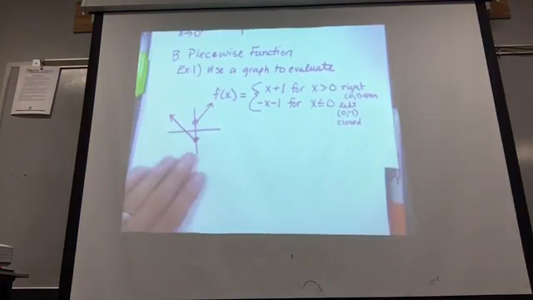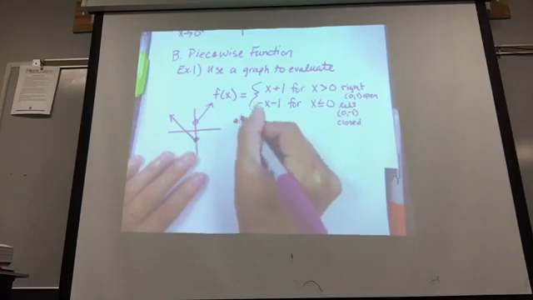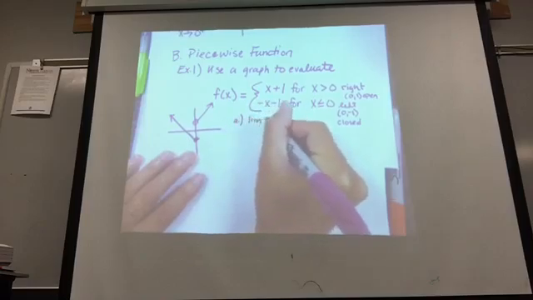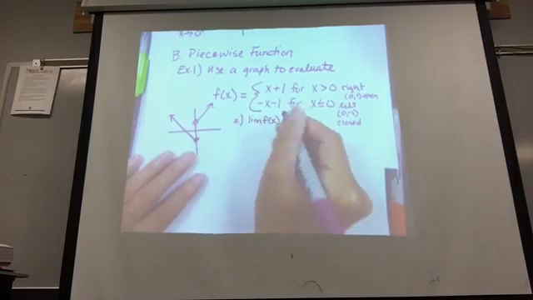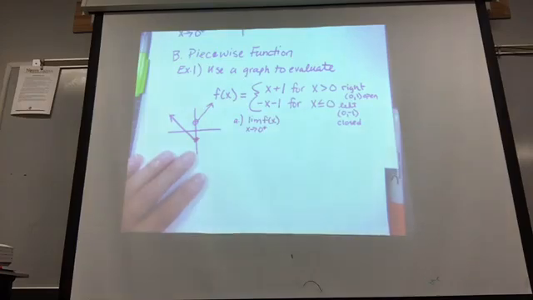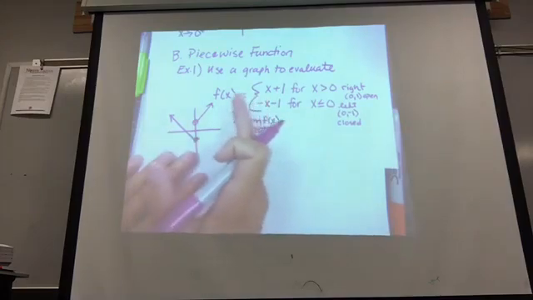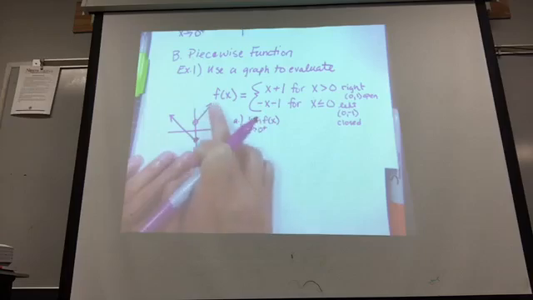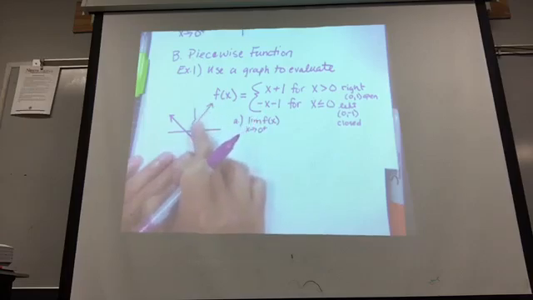Alright, so from this graph, first evaluate the limit of f of x as x approaches 0 from the right. I'm coming from the right, so notice this one would equal positive 1.